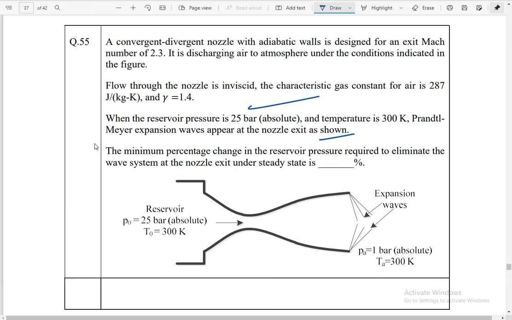This is actually the expansion waves. Ambient pressure is given, reservoir conditions are given. We have to find the minimum percentage change in the reservoir pressure required to eliminate any waves at the nozzle exit. So what is the minimum percentage change required?